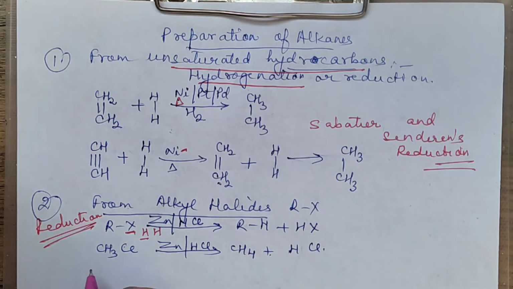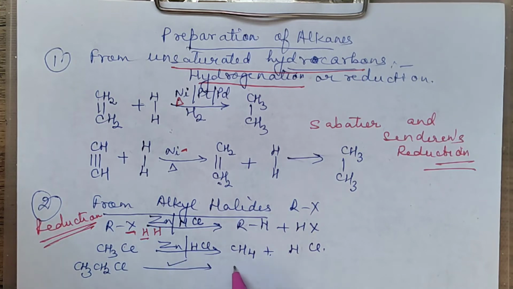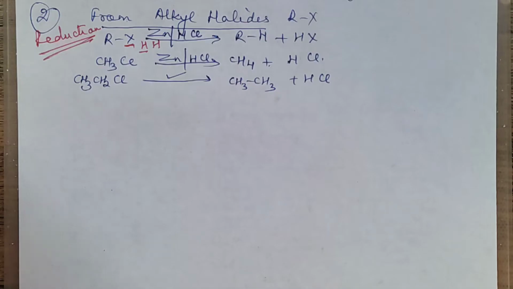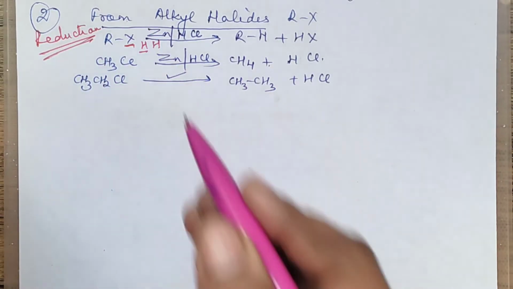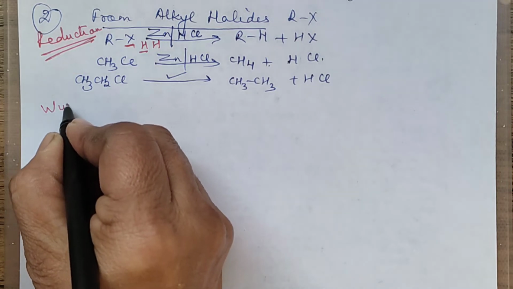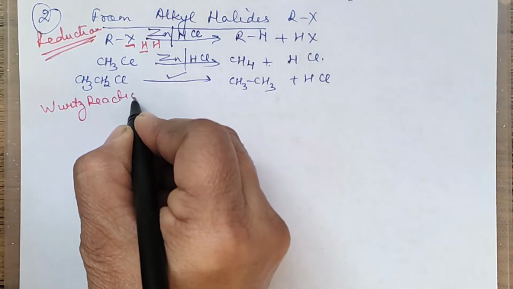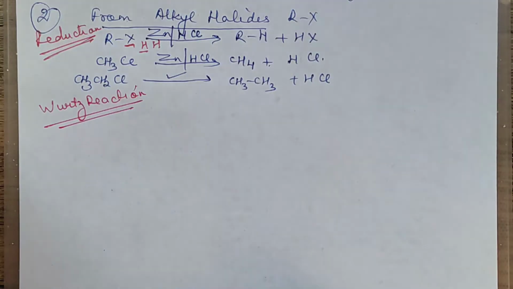Suppose you are using here 2 carbon atoms alkyl halide, you are using the same reducing agent, you will be getting 2 carbon atoms alkane, that is you are getting in this case ethane. The second method also from alkyl halide is a name reaction, that is Wurtz reaction. Wurtz reaction, which is a very, very important reaction.